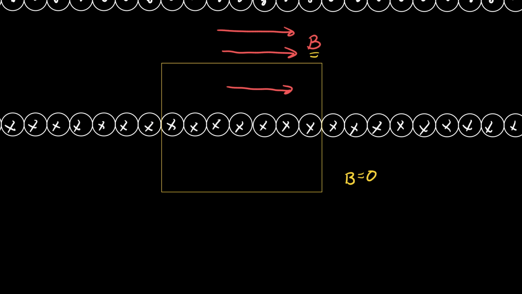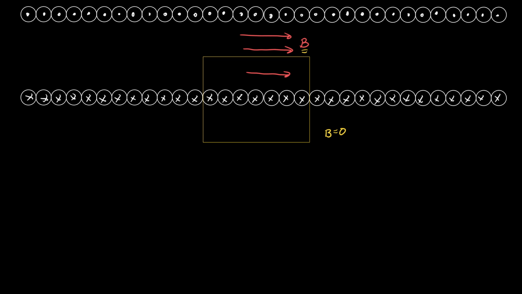All right, my Amperian loop. I'm going to define some parts of this loop. I'm going to define this to be W, so it is 2W high, and I'm going to define this to be L. I hope it's obvious why I made it 2W: part of my loop is inside the region with the magnetic field and part of my loop is outside the region with the magnetic field.